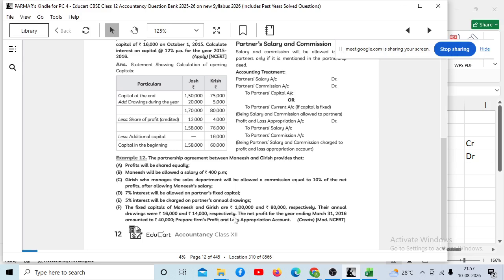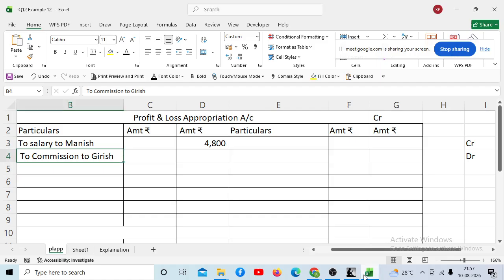The net profit for the year ending is 40,000. So from 40,000 we will subtract the salary of Manish, 4,800.